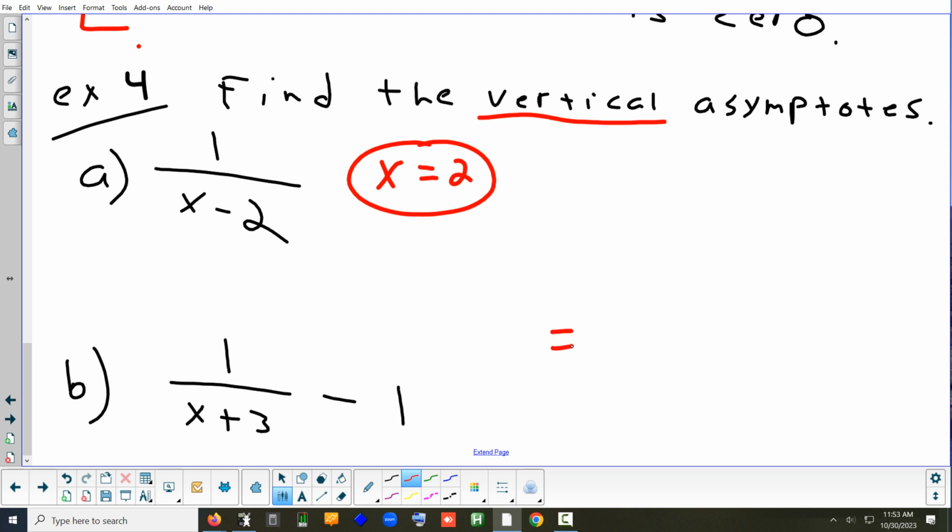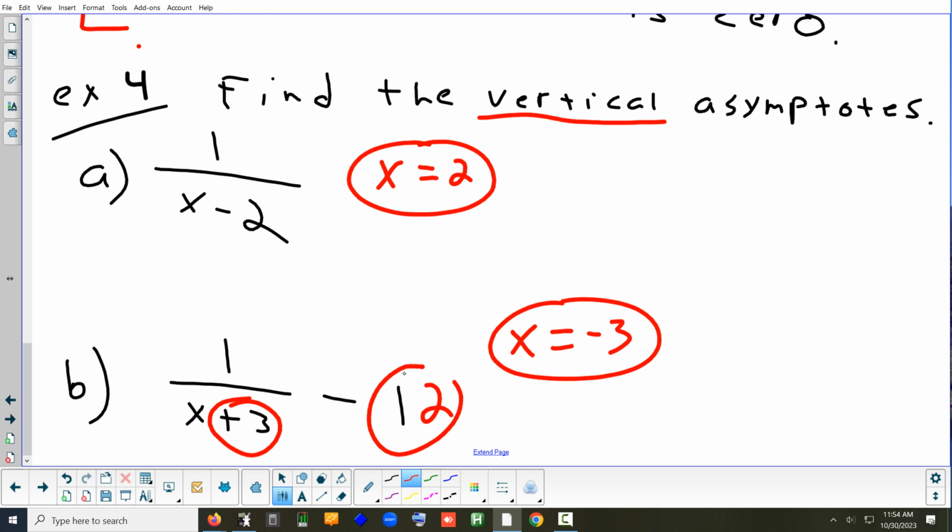And the whole equation would be x equals -3. What if I did this? What's the equation of the vertical now? It's still x equals -3. This affects the horizontal. The only way I could change the vertical is if I change this number, not that number.